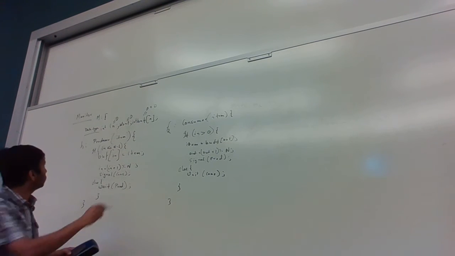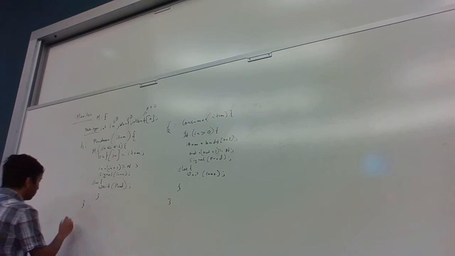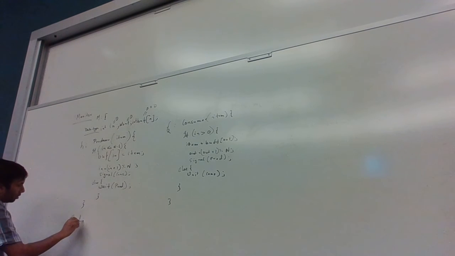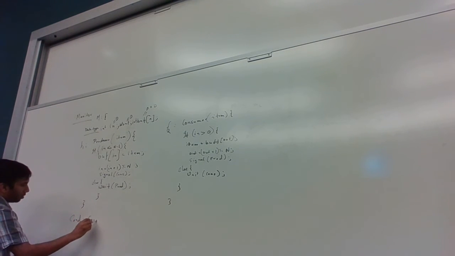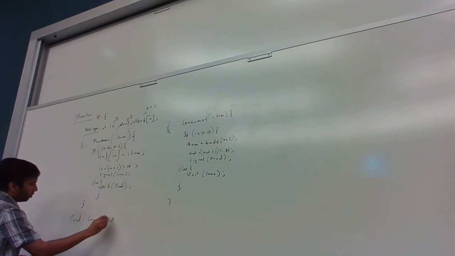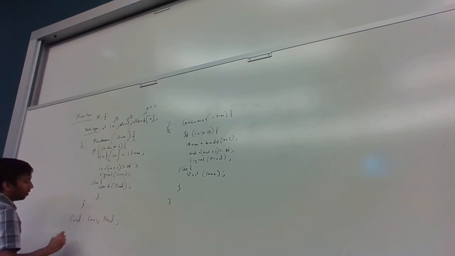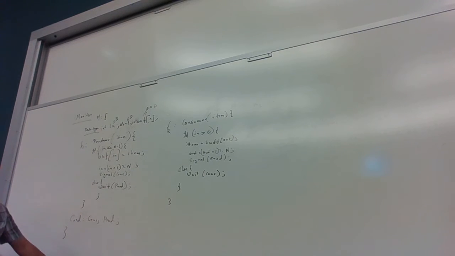And then you have two conditions. If you haven't written the conditions, you write the conditions, consumer and producer. So this is the entire data type.